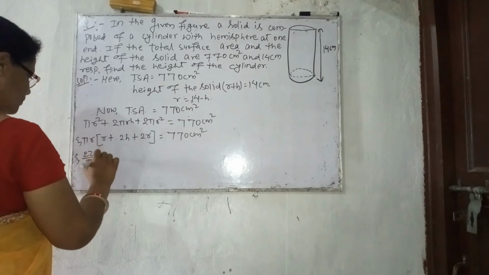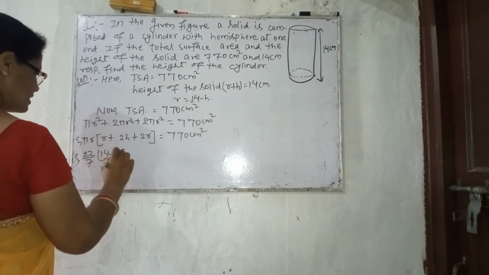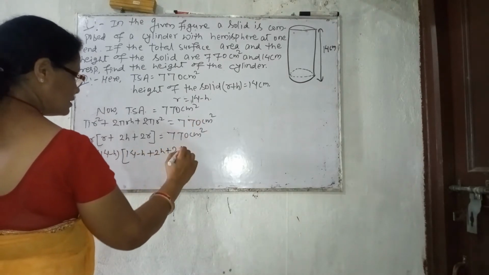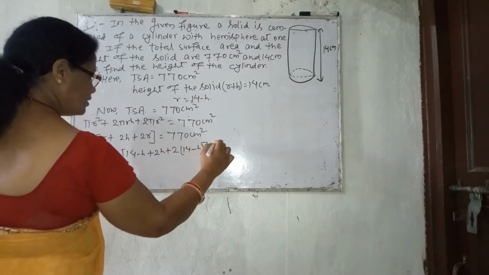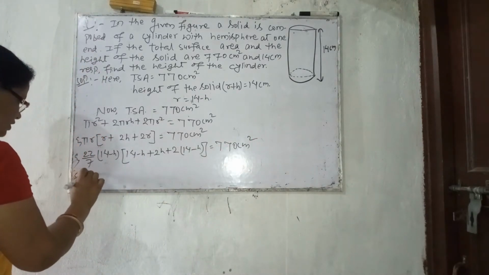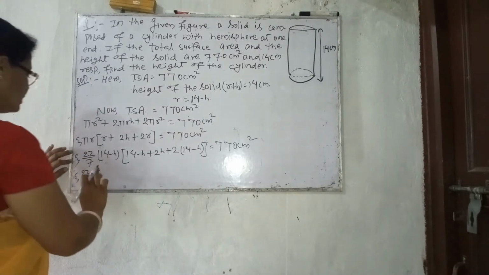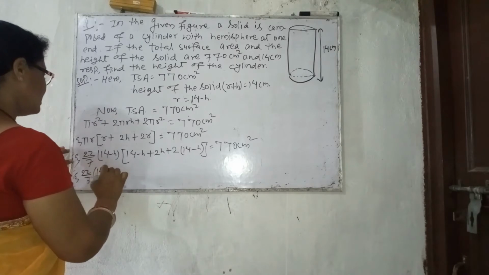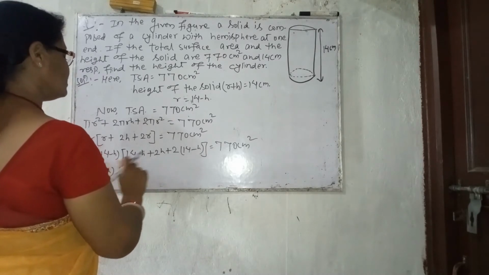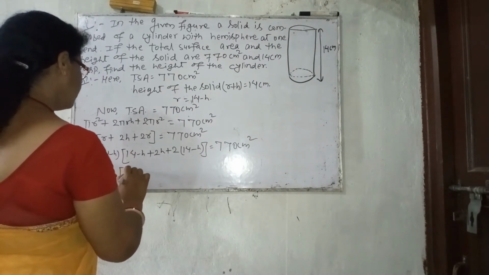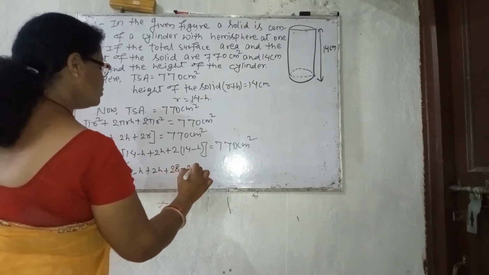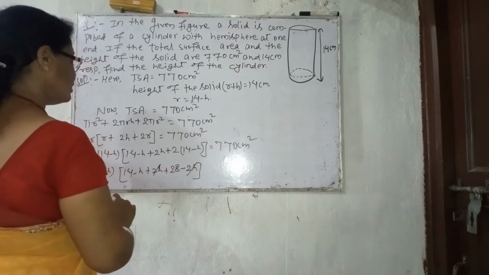R means 14 minus h, so 14 minus h plus 2h plus 2 into 14 minus h equals 770. Then 22 upon 7 into 14 minus h, and in this the bracket gives 14 minus h plus 2h plus 28 minus 2h, where minus 2h and plus 2h cancel.